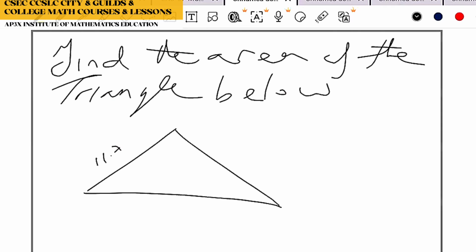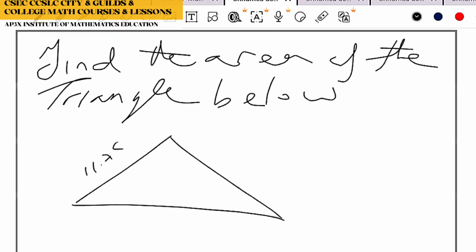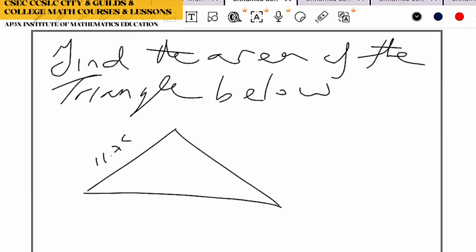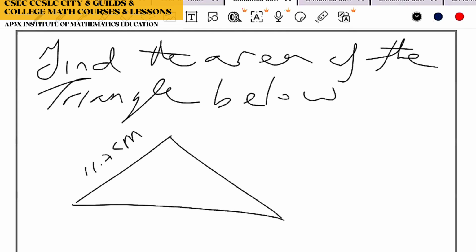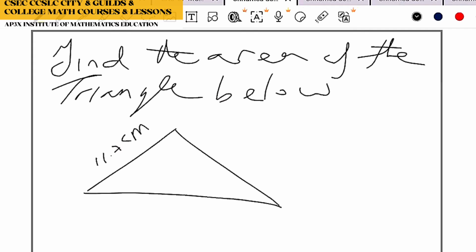And let us call this side over here 13.2 centimeters. And let us squeeze a little angle right in here. And we're going to call this angle, say, 84 degrees.